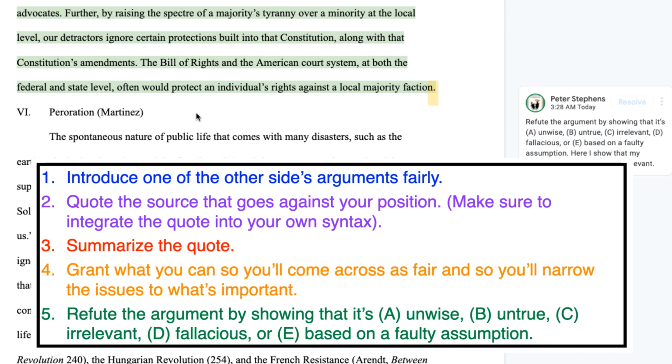So I have refuted the argument by showing one of the 5 ways one can do it, and here I'm using mostly C, irrelevance.